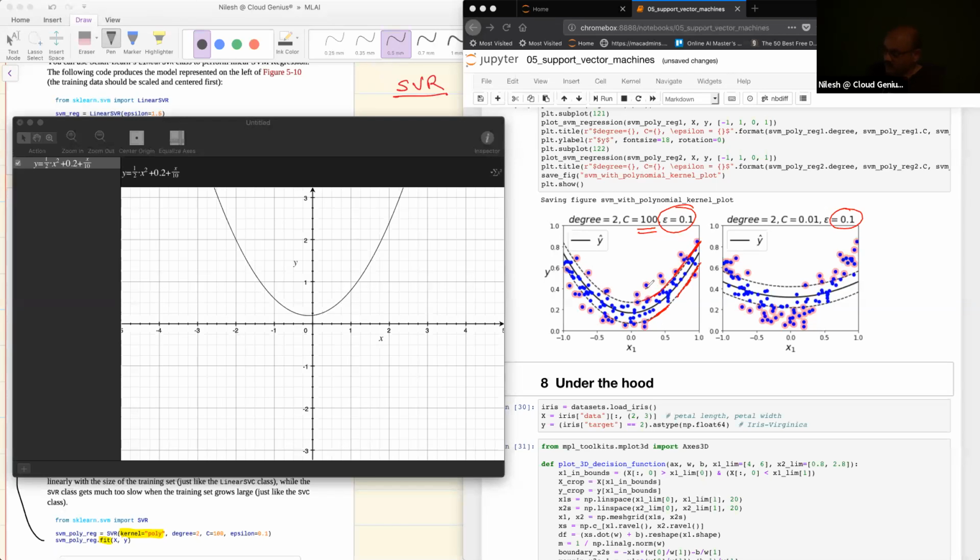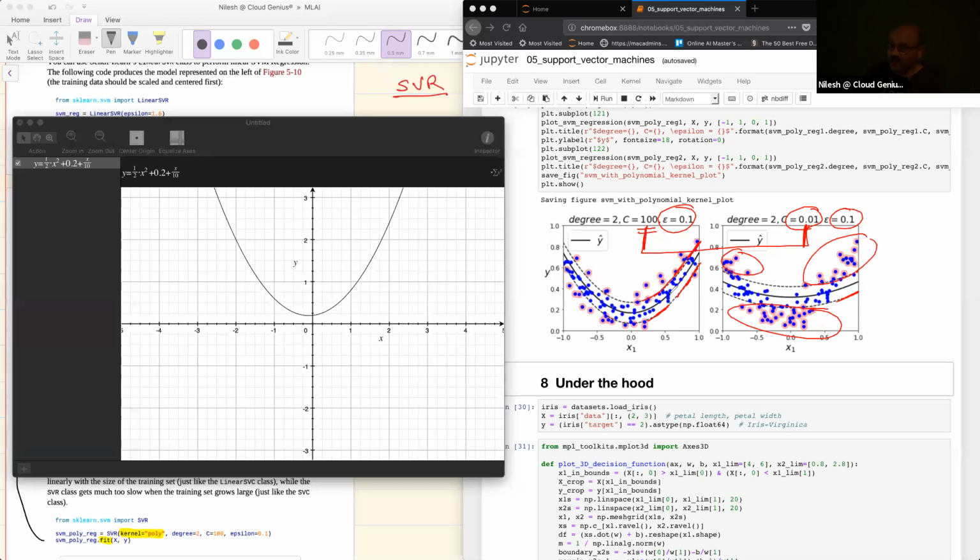There are some points that fall outside. But if you have a lower value of C, keeping everything else the same, you notice that the shape of the curve gets flatter and the width is the same, but it excludes a whole bunch of data points here, here and here. These are excluded points, which are not what we want. We want to cover as many points as we can in the street.